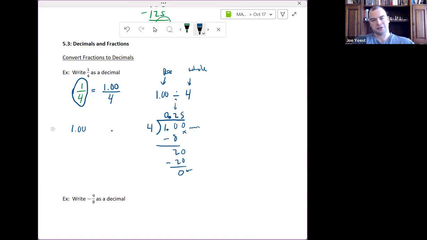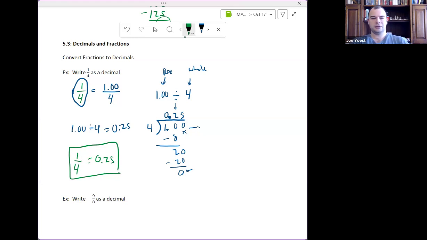So 1.00 divided by 4 is 0.25. But that's the same thing as 1/4, right? 1/4 is just 0.25. So if I want to take a fraction that's a ratio of whole numbers and write it as a decimal, typically I'll write that numerator as a whole number, a decimal point, and some zeros.